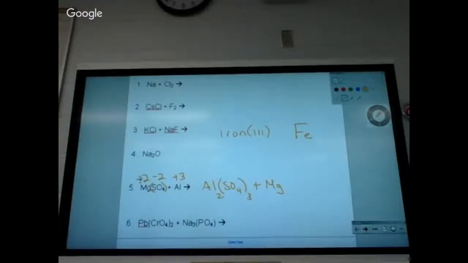Which one has two capitals? That one. So what's it doing? Do you know anything special about either of those elements?